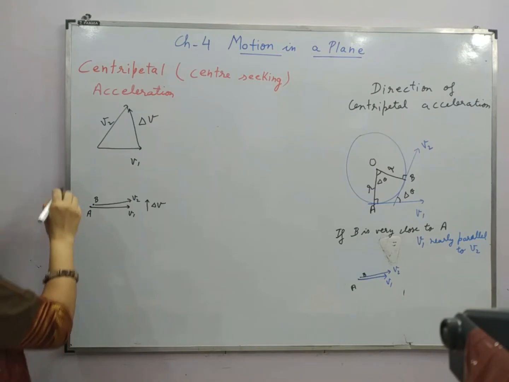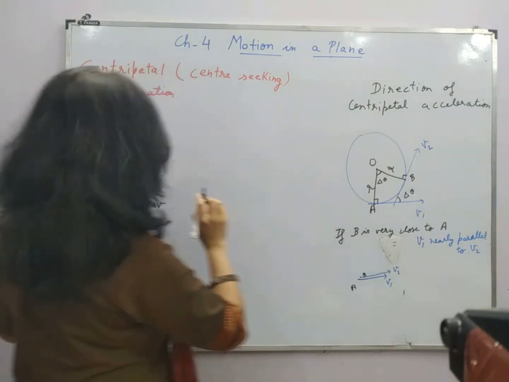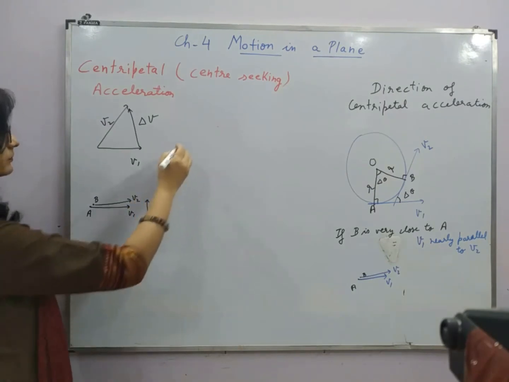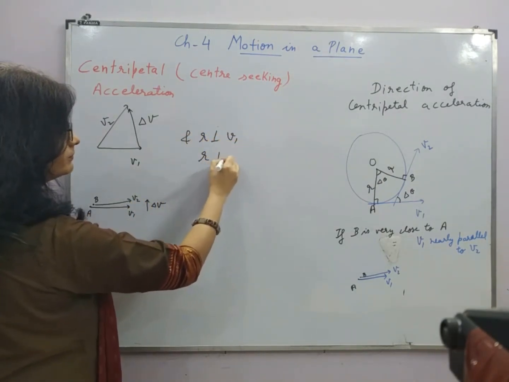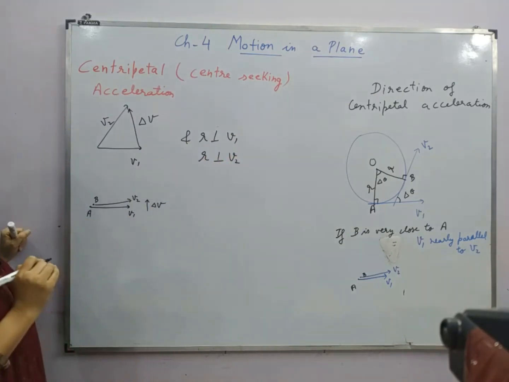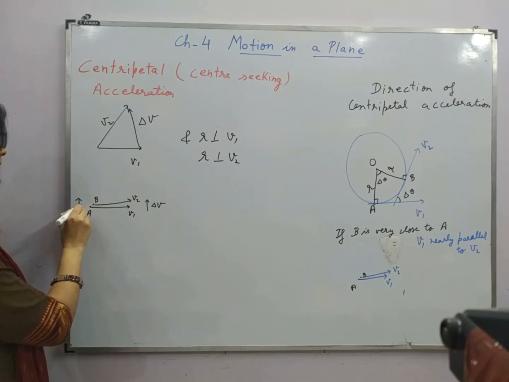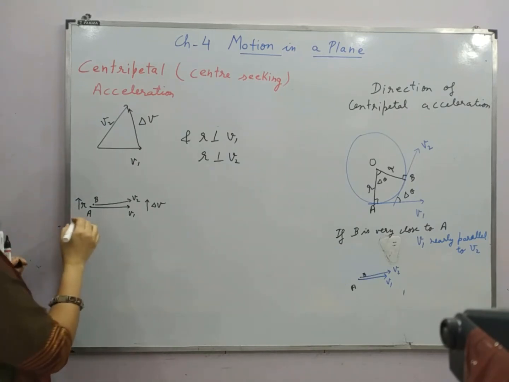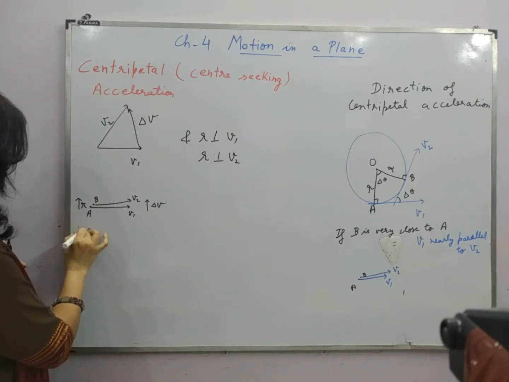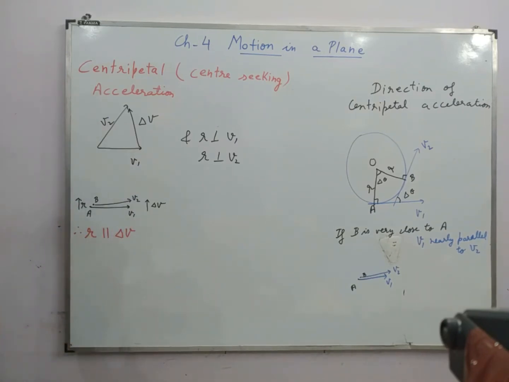Yeah. Now we know that the radius is perpendicular to v1 and v2. So we can say that our radius will be this way. If this thing is clear, you can say that R is parallel to delta V. Yes.